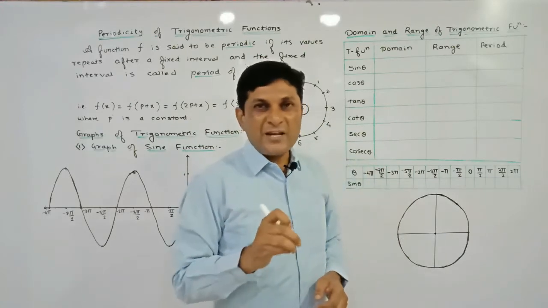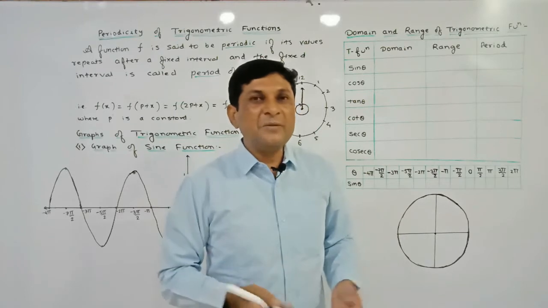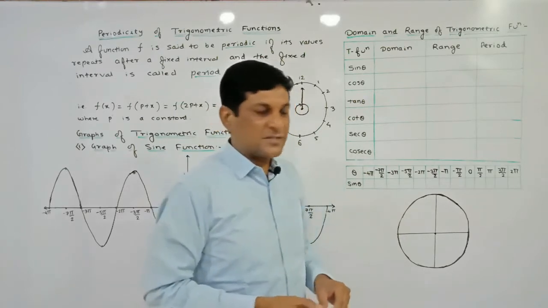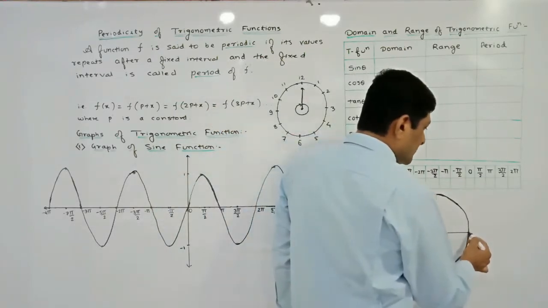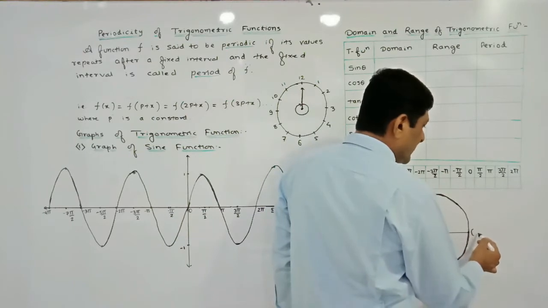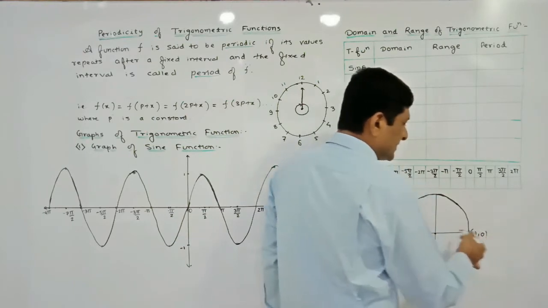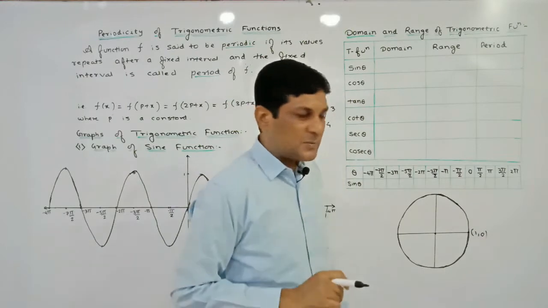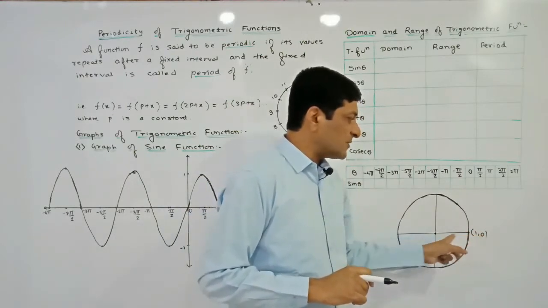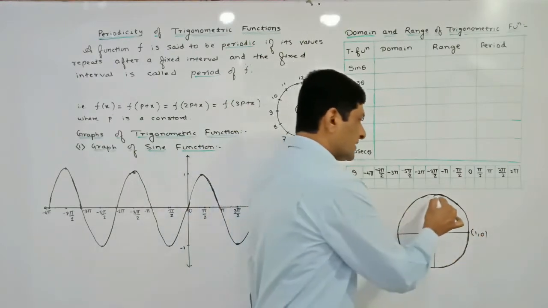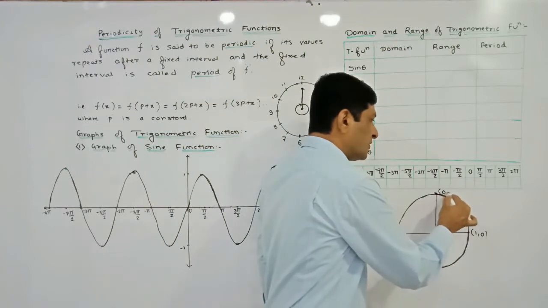We have seen that values of trigonometric functions can easily be found using the standard unit circle. If this is the position of the point, at that time the coordinate of the point is 1, 0, because it is a standard circle, so its radius is 1, and since the point is on the x-axis, its y coordinate is 0. Here the coordinate of the point is 0, 1.